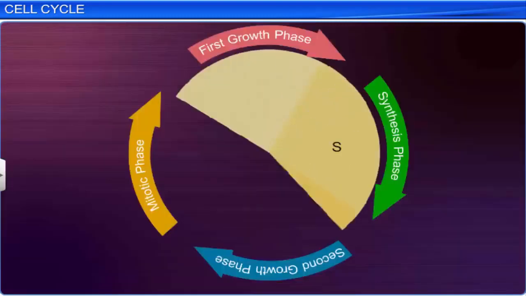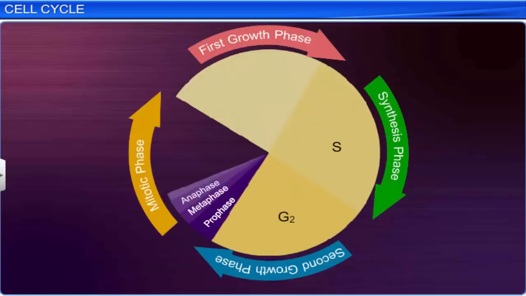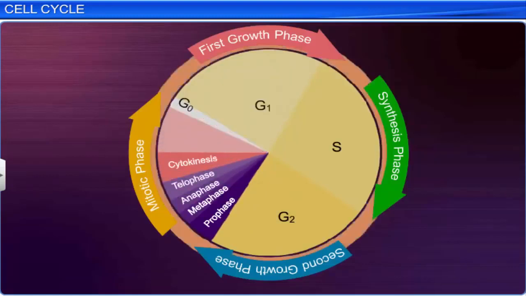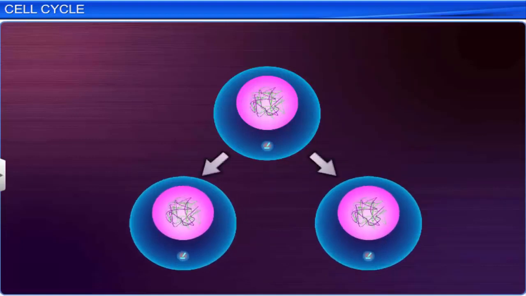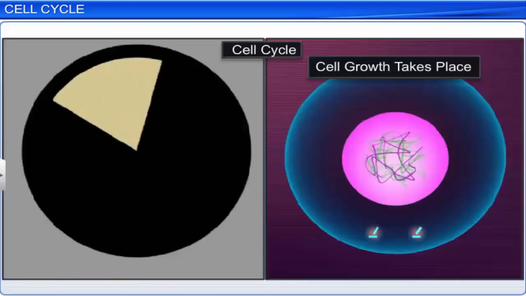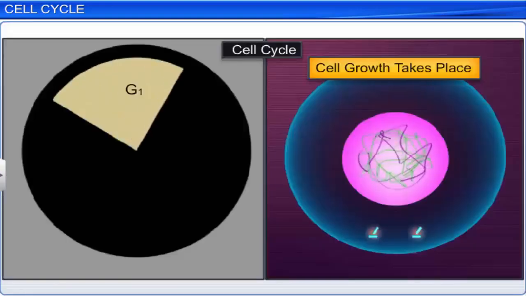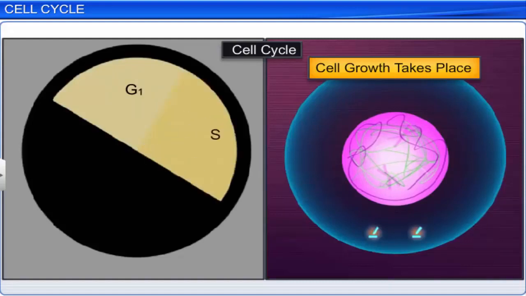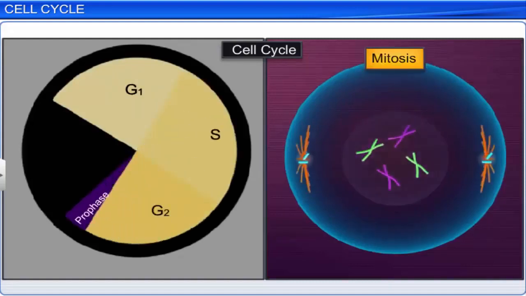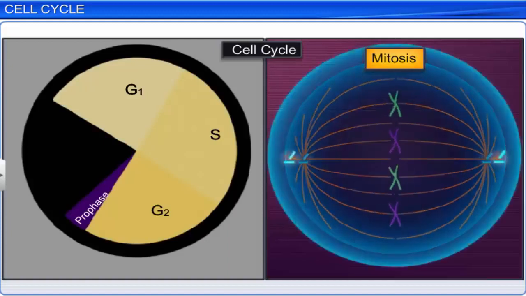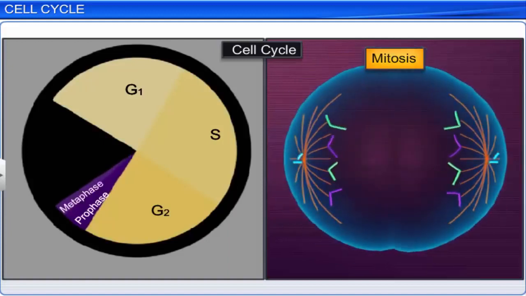However, the process must take place in a coordinated manner, so that each cell divides correctly and the genomes in the progeny cells remain intact. The series of events by which a cell duplicates its genome, synthesizes its constituents, and eventually divides to form two daughter cells is known as the cell cycle.